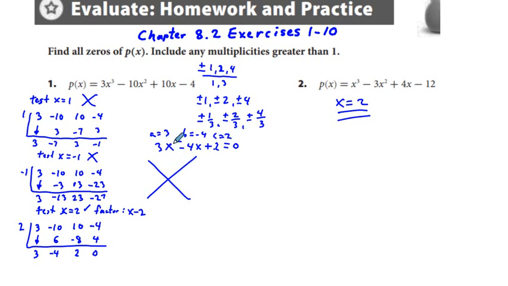So we're going to have AC on top, which is 6, and on the bottom we have negative 4. What we want is to find two numbers which, when multiplied together, equal 6, but when added together are negative 4.